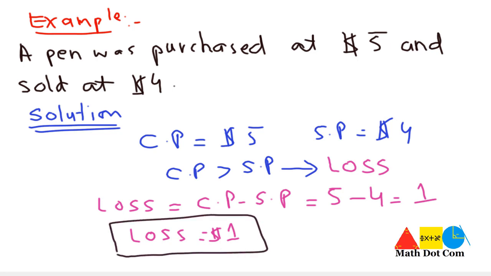Okay. So whenever you want to find whether there is a loss or a profit, you have to check the values of CP and SP, cost price and sale price, which is greater. On the basis of that, you have to decide there will be a loss or a profit. Now we find its loss percentage.